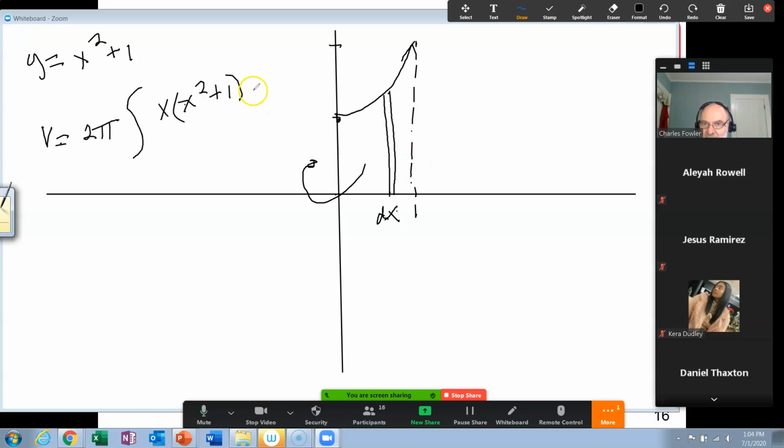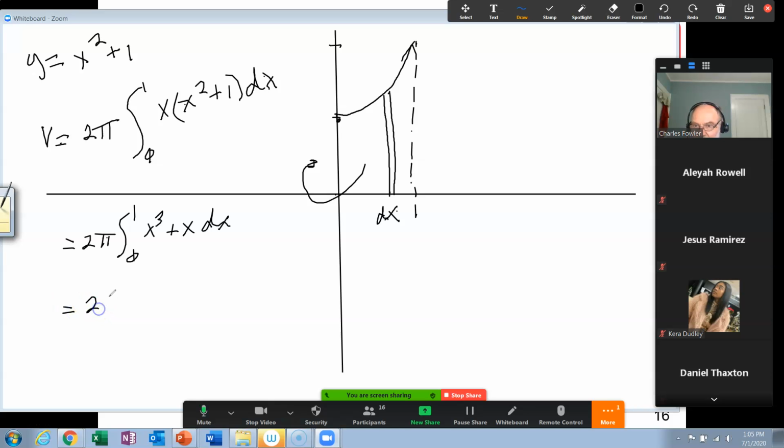And then your thickness is your dx. Okay, there's your integral. Well, almost. Let's clean it up just a tad. 2 pi times the integral of x cubed plus x dx. And the x's are going from 0 to 1.